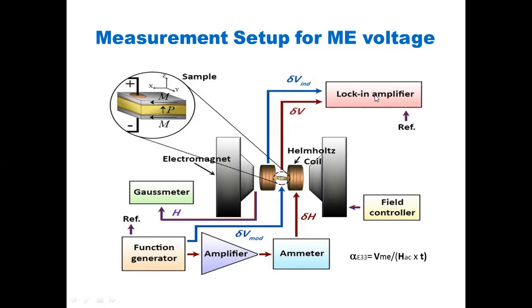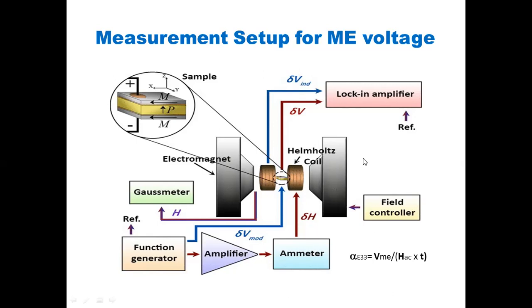And here this lock-in amplifier is required because the amount of voltage developed across the sample is very, very small. So in order to detect that small voltage, this lock-in amplifier will have to be used.